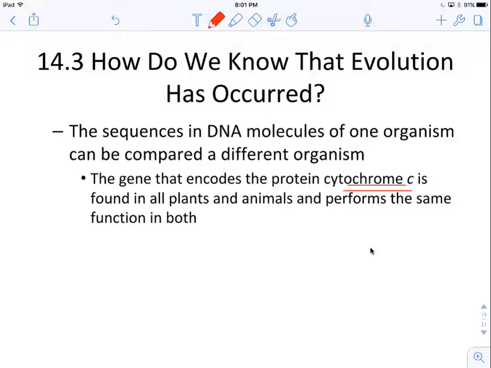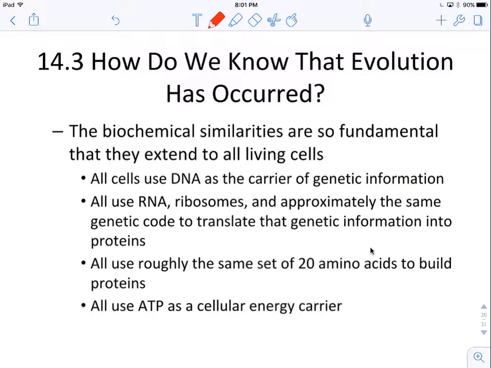It is almost identical in every organism, and it is found in all plants and animals and performs the same function in all plants and animals. Okay, so again, it's nearly impossible for things to have formed differently and all become the same thing. So biochemical similarities are also evidence for evolution, okay?